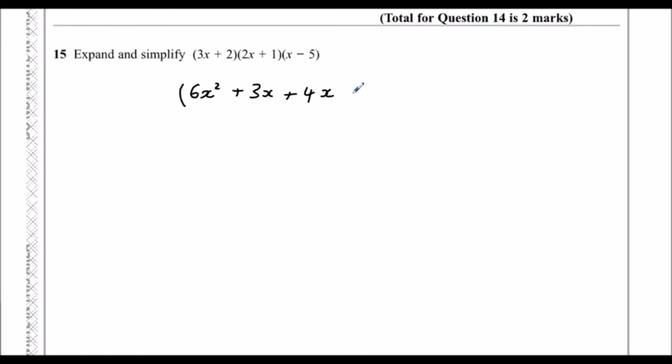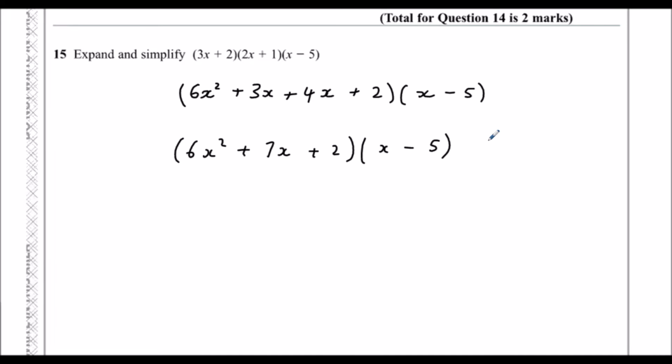And 2 times 1 is 2. And that's still multiplied by x minus 5. I can collect the like terms. 3 and 4 make 7. They're both x terms, so I can add them together. 6x squared plus 7x plus 2 times x minus 5.